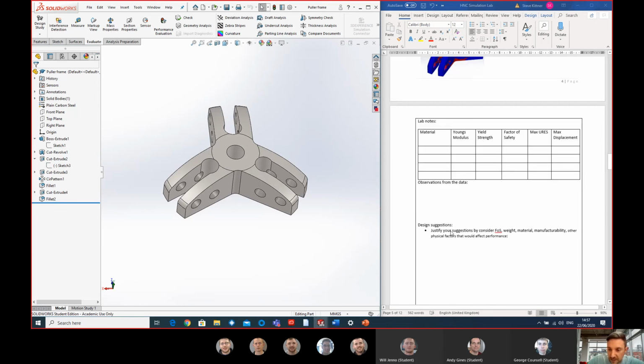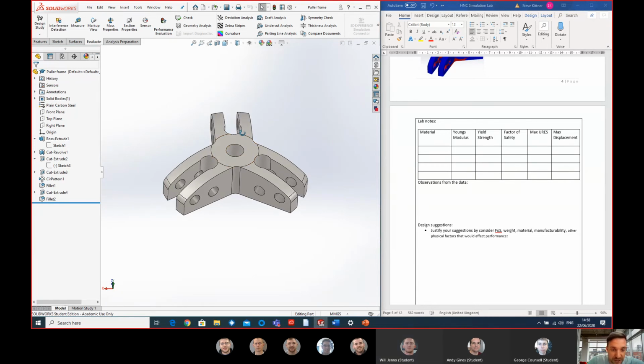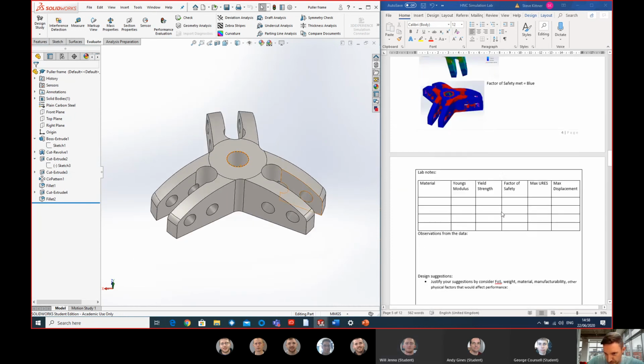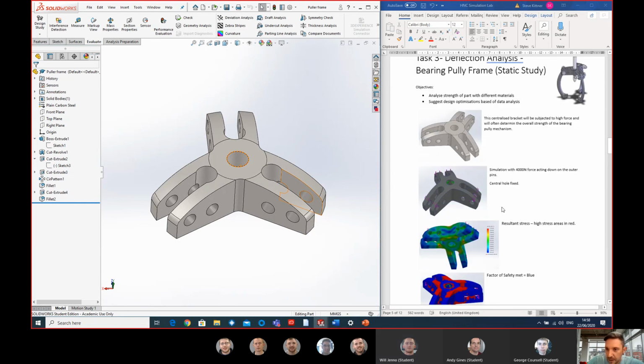And then after that, how can you alter this design considering the factor of safety, weight, material, manufacturability, and any other physical factors that would change how this part would work. Okay, does that make sense? Yeah. Yep. Okay, good.